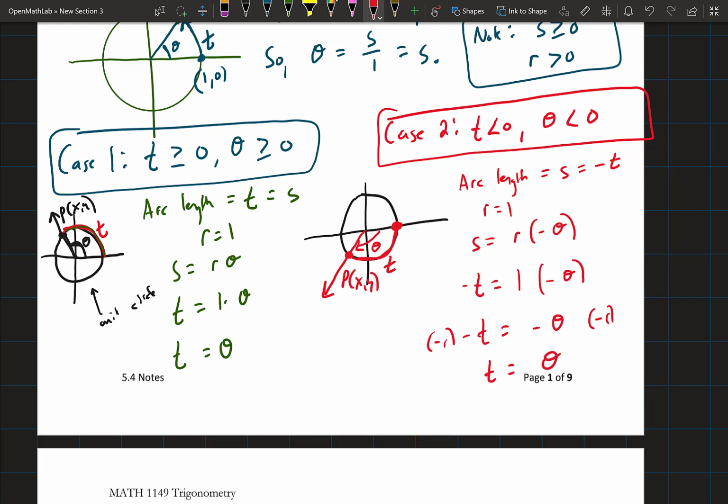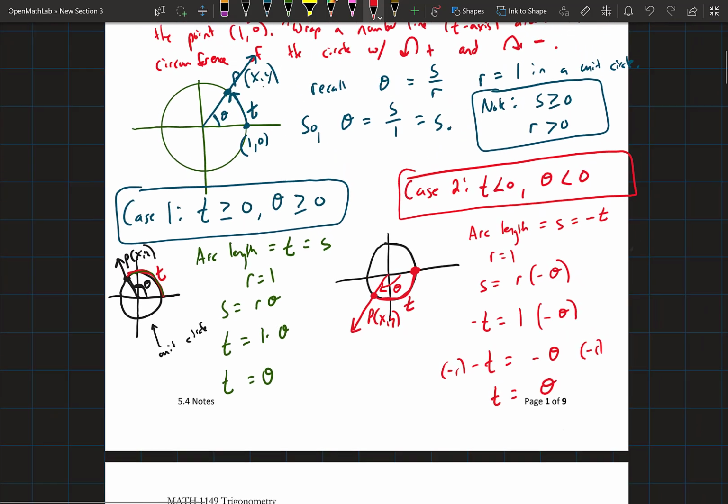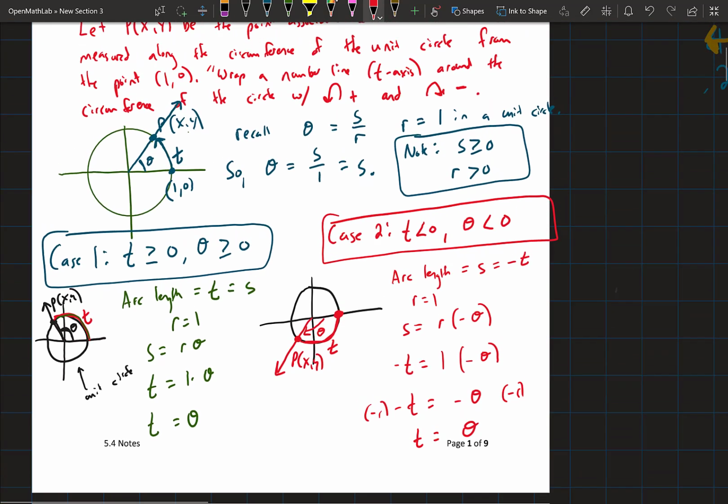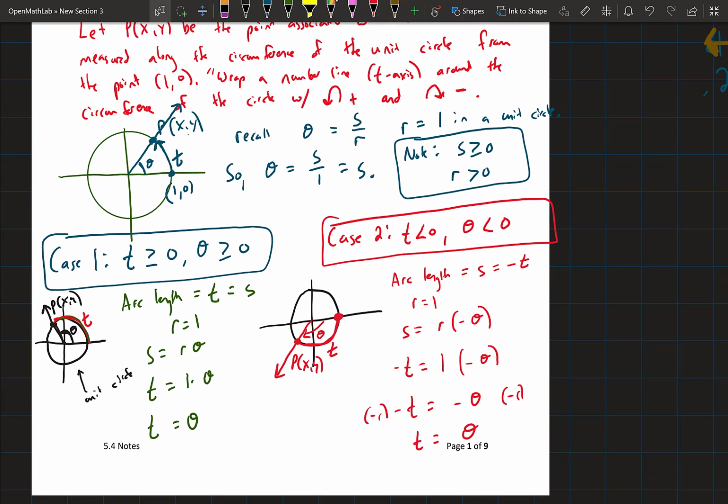So what we've realized is that no matter if t is positive, negative, or 0, t is always going to be equal to theta.